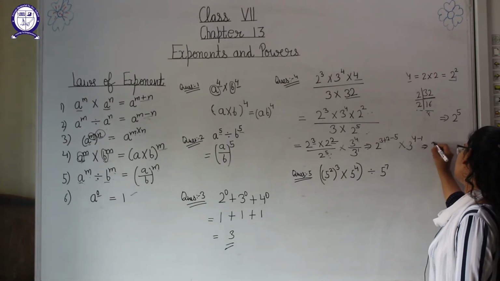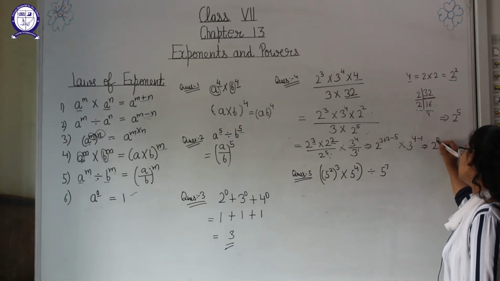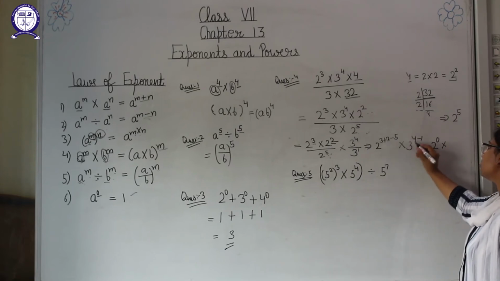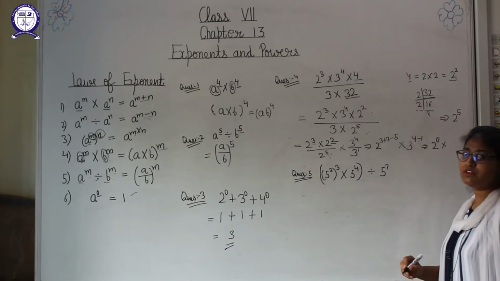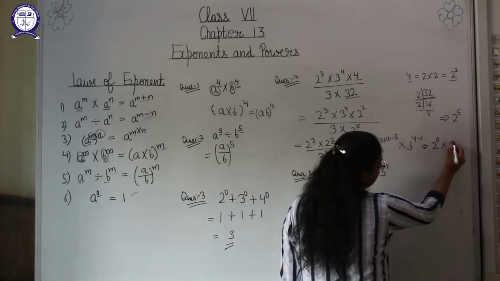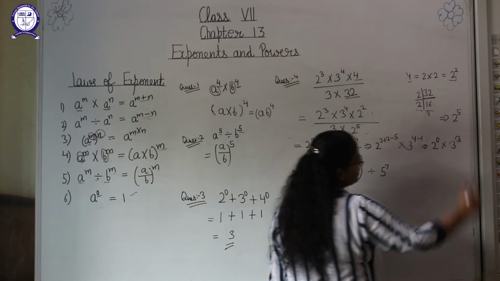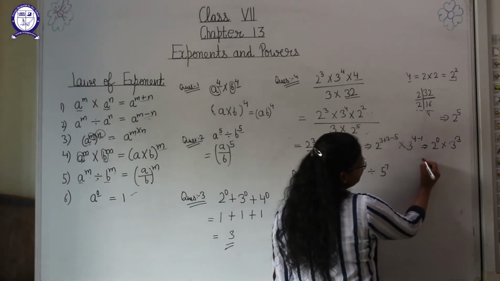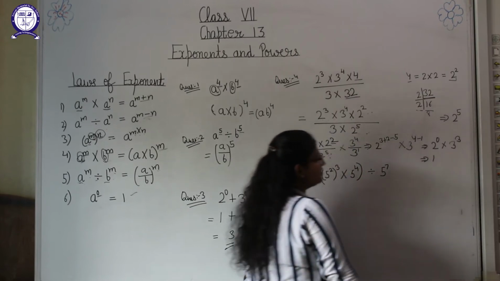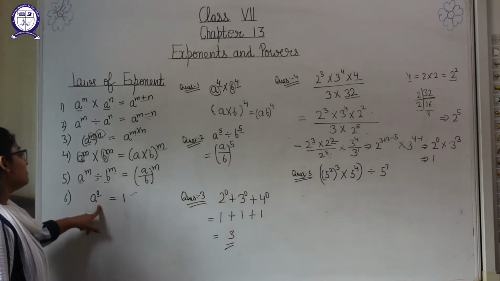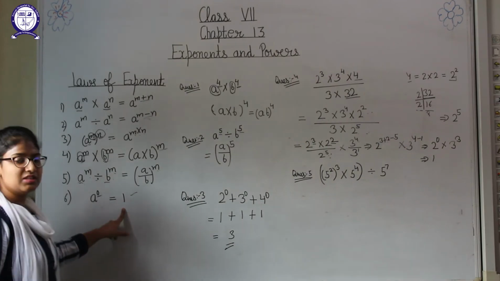It means it is giving us the answer as 2 raised to the power 0, and into 3 raised to the power 4 minus 1. What will be 4 minus 1? 4 minus 1 will be 3. So here it will be 3 raised to the power 3. Okay students. Now 2 raised to the power 0 will be 1, as we have done in the last of our laws, that whenever the power is 0, its answer is 1.